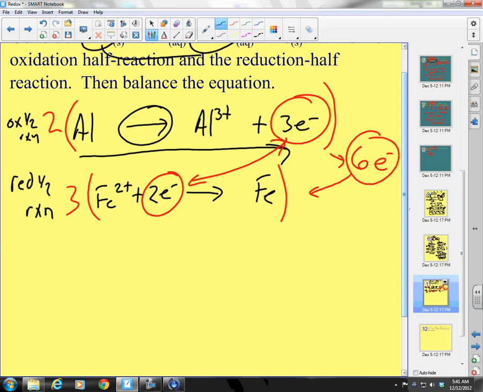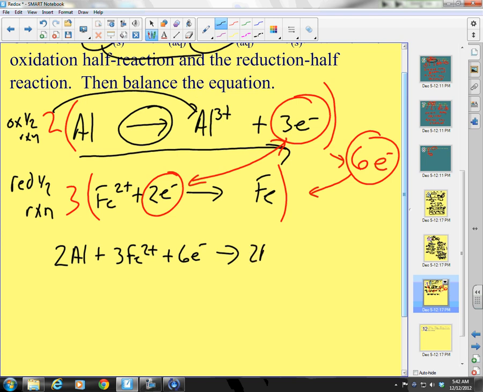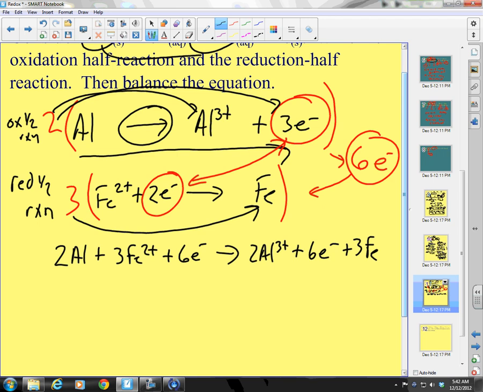So here we go. I have 2 aluminums, and to that I'm going to add what? 3 iron 2s plus 6 electrons, and that's going to go to 2 times this, 2 aluminum cations plus 2 times that, 6 electrons plus 3 times that, 3 irons. Good. Now let's reduce. I have 6 electrons here and 6 electrons here.